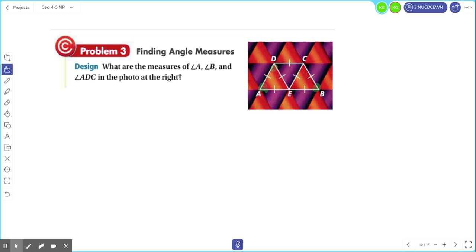Oh, ADC, so be careful with that. That's actually this one, ADC. And what we just learned is, well, these are equilateral triangles. All of the sides here are marked congruent. So we know that these angles are going to be 60 degrees.